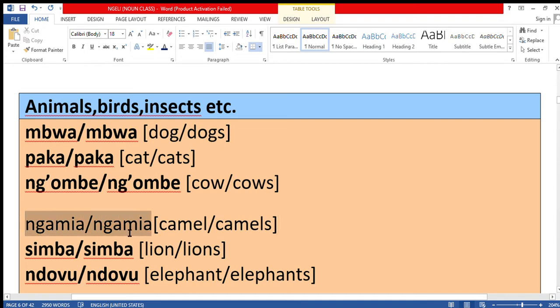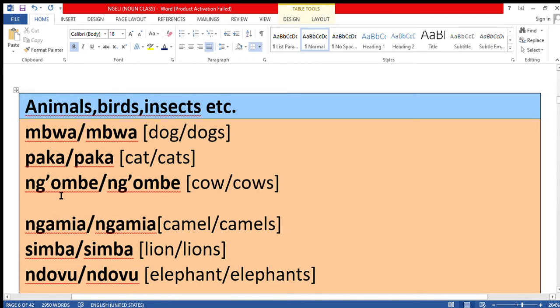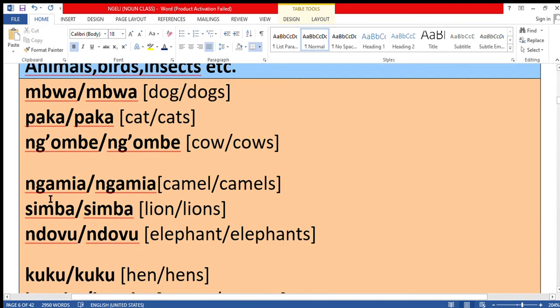This one is ngamia, ngamia. So we can pronounce the first one ng'ombe, and this one is ngamia. It lacks the apostrophe, so we say nga, ngamia, and this one we read as ng'ombe.